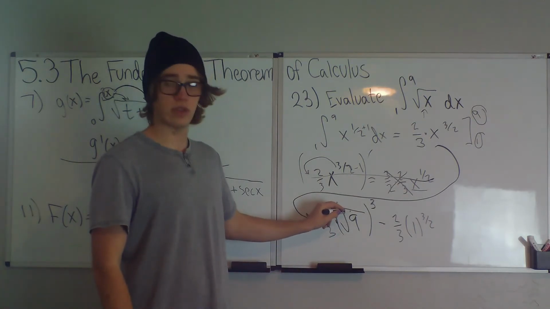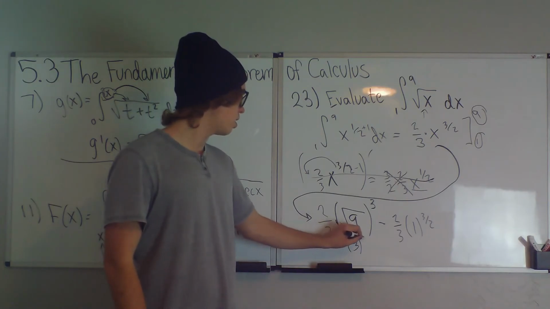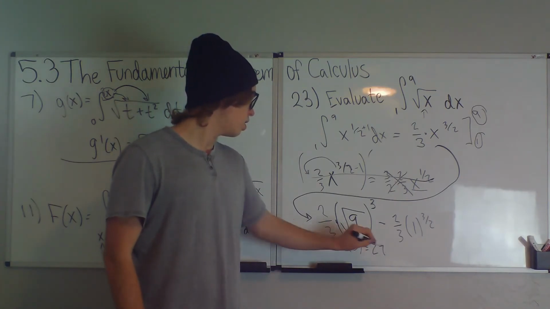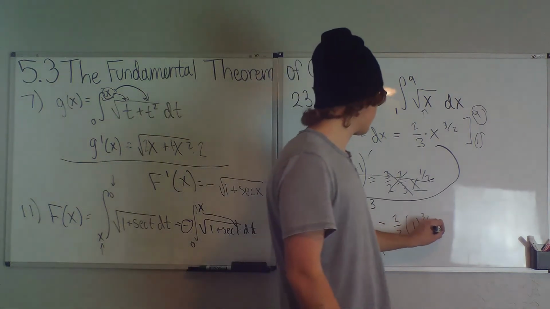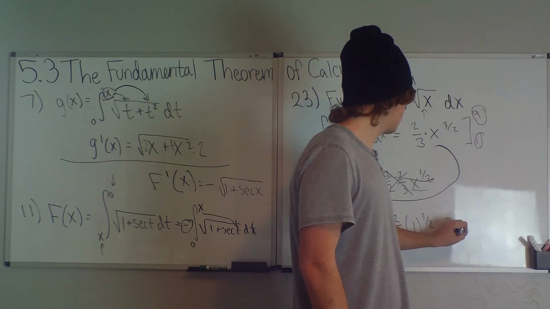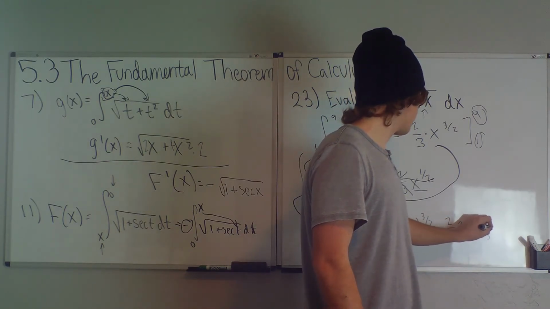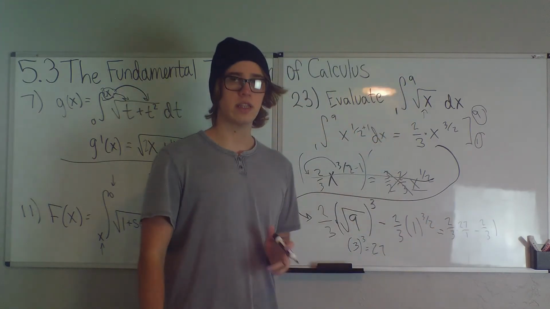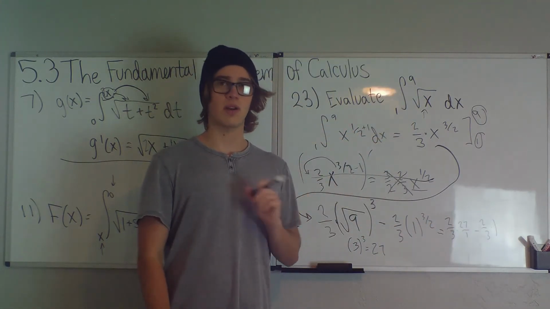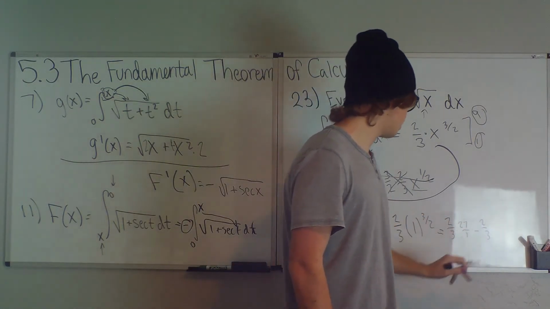So, what is this? We do the square root of 9, which is 3, and then we cube it, which is 27. Okay, so then what we get is 2/3 times 27 over 1 minus 2/3 times 1, because 1 cubed is 1, square root of 1 is 1, so then this is just minus 2/3.